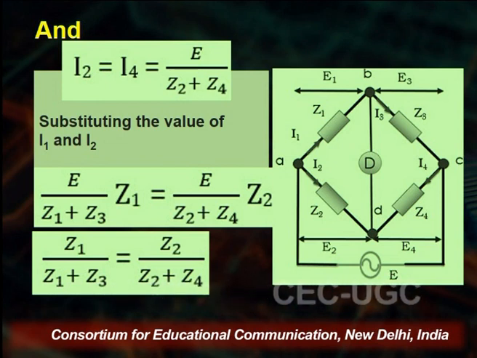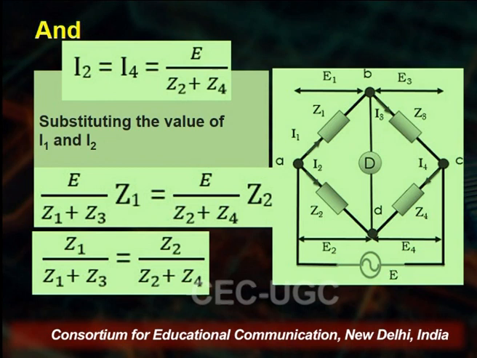In a similar manner, on the right hand side, substituting the values of I1 and I2, we get this equation: E by Z1 plus Z3 into Z1 is equal to E by Z2 plus Z4 into Z2.